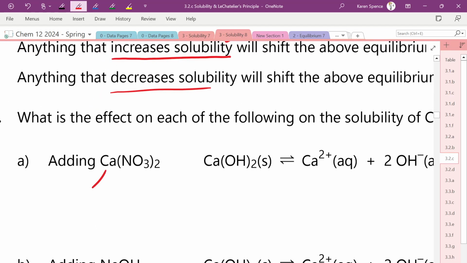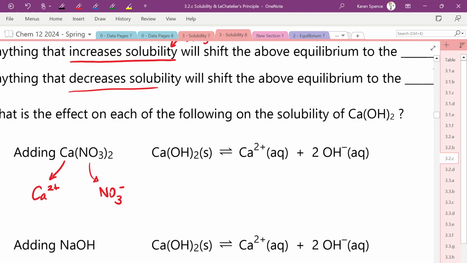Think, I am adding Ca2 plus, and I am adding NO3 minus. And then I say to myself, which of those two ions has an effect on that equilibrium system? And this one should be pretty obvious, right? We've got Ca here. We've got Ca here. NO3 is just a spectator.